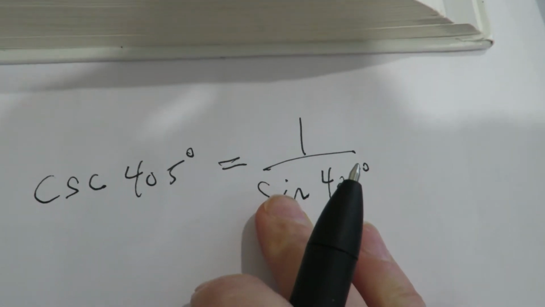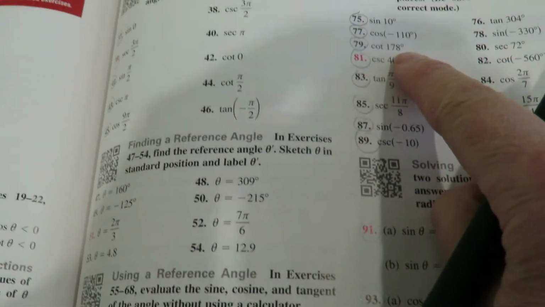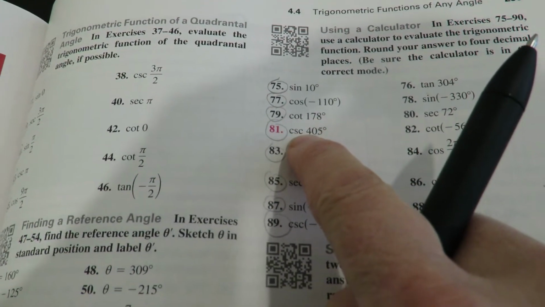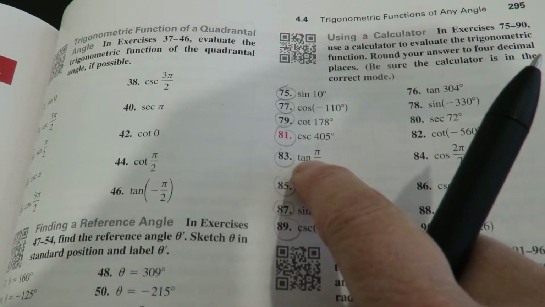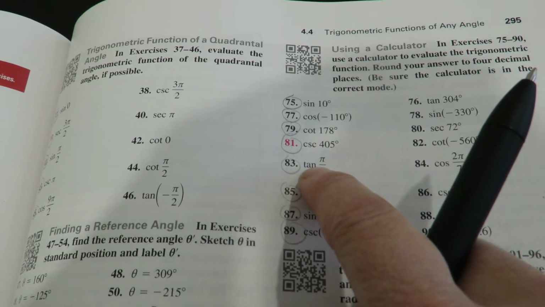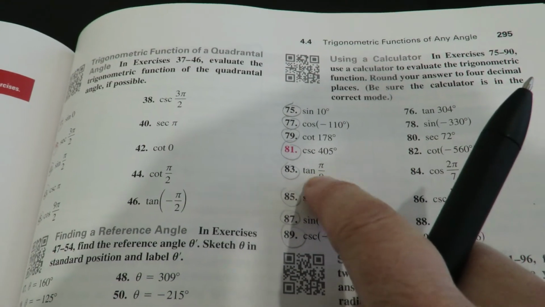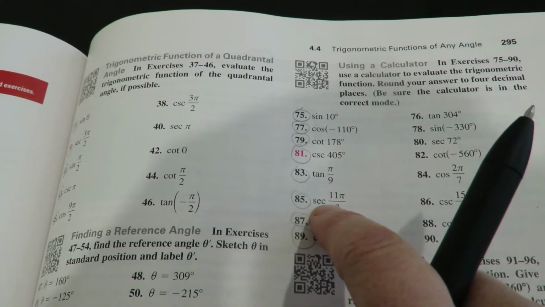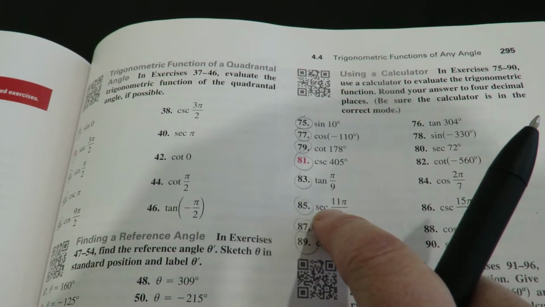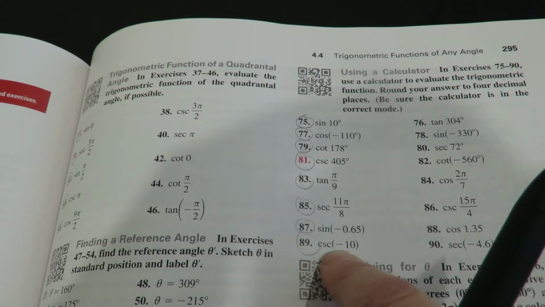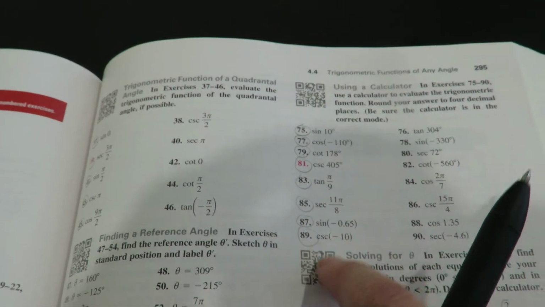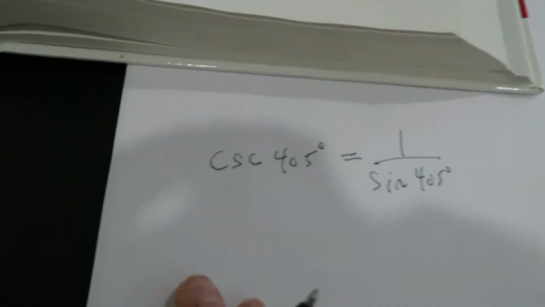So don't forget, for some of these you have to use an identity, right? You're going to have to use a quotient identity. You're going to have to do sine over cos. Oh, no, I'm sorry. You have a tangent button. You're good on that one. This one you have to do 1 over cosine. That one you have to do 1 over sine. And again, watch your mode.